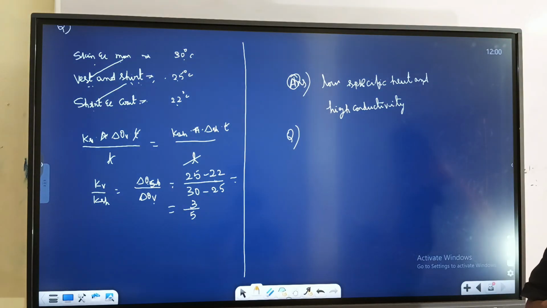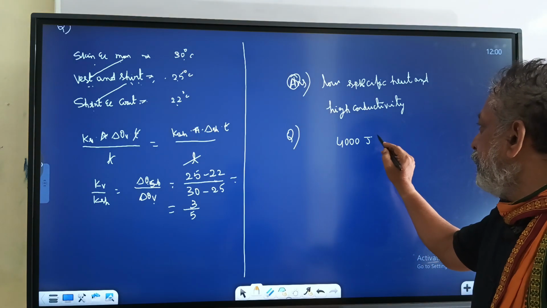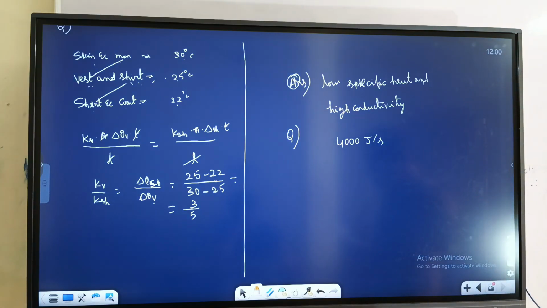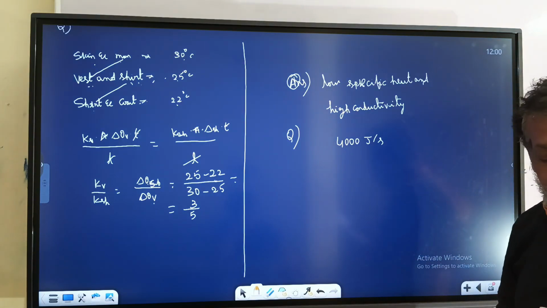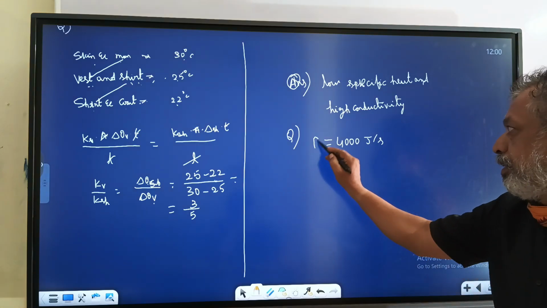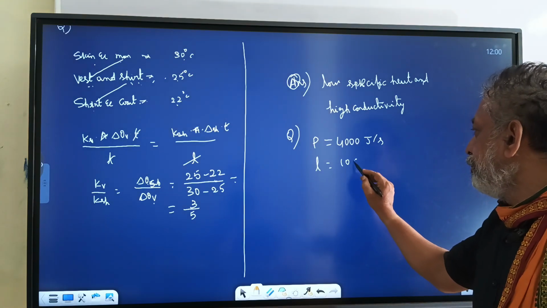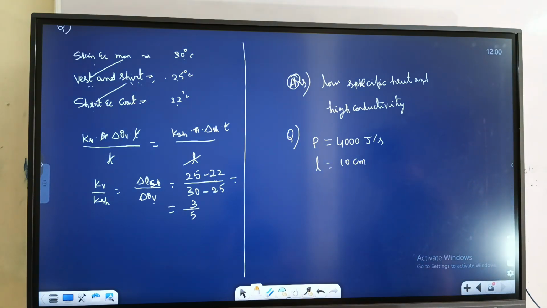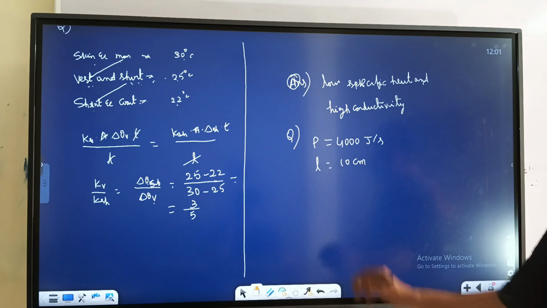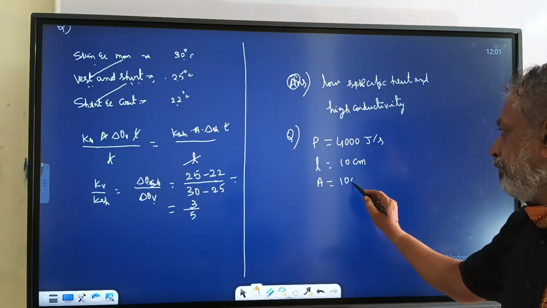Right. A heat flux of 4000 joule per second is passed through a copper rod of length 10 centimeter and area of cross section 100 centimeter square.